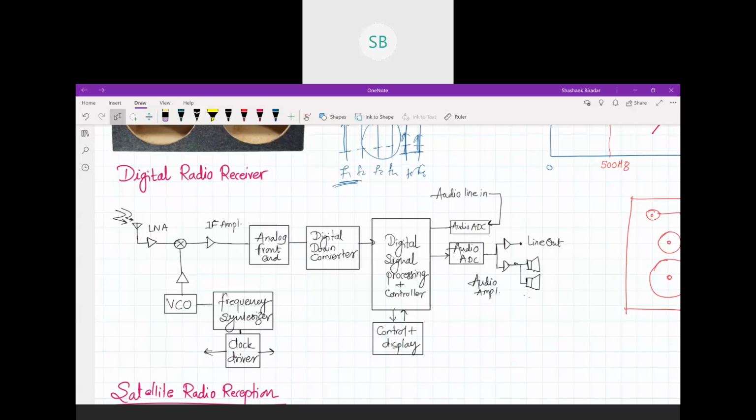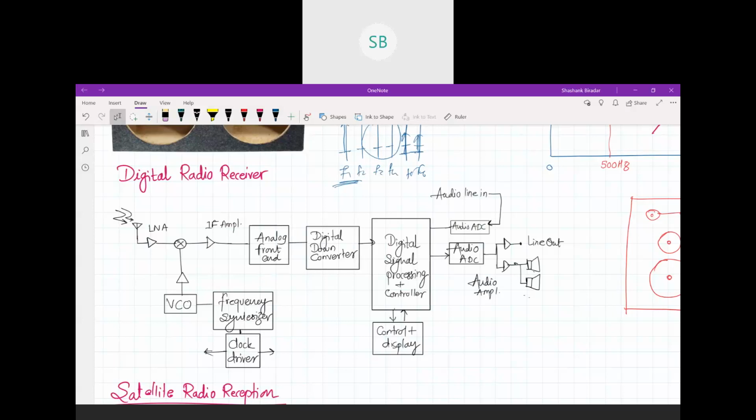The objectives of this digital radio system are to increase the number of channels or stations in the given spectrum, to ensure better audio quality, to reduce signal fading problems for mobile users, to incorporate new data casting services, to reduce transmission power without affecting quality, and to increase the coverage area.